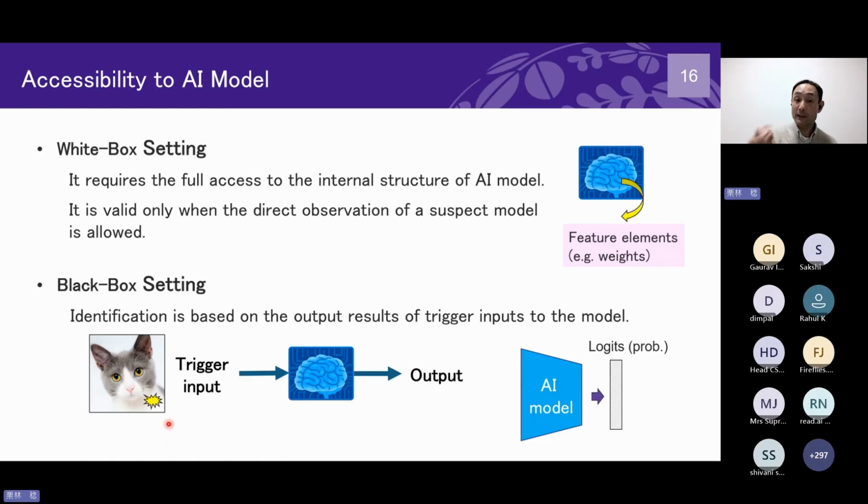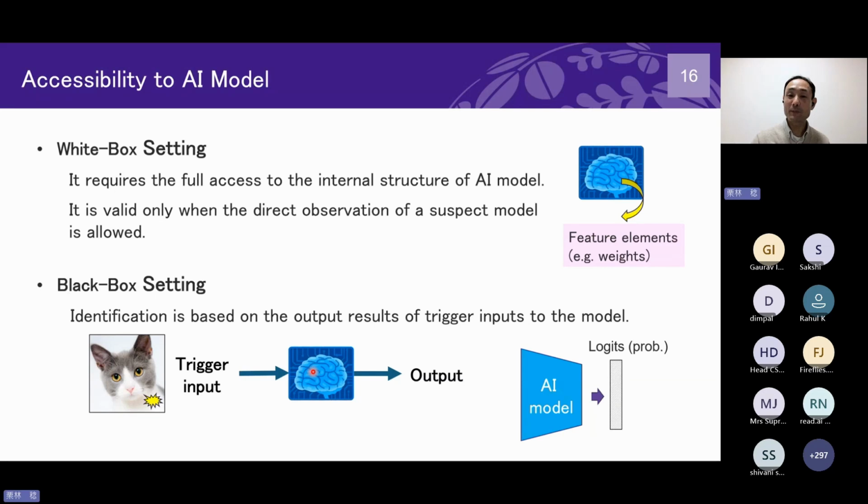Then the trigger input is fed to the AI model and the output is received. If the output shows a certain irregular behavior, then the owner can claim the model is watermarked. It means the owner embeds the watermark into the AI model, but the watermark itself is a kind of backdoor. A specific input is received by the AI model, outputting a certain irregularity.